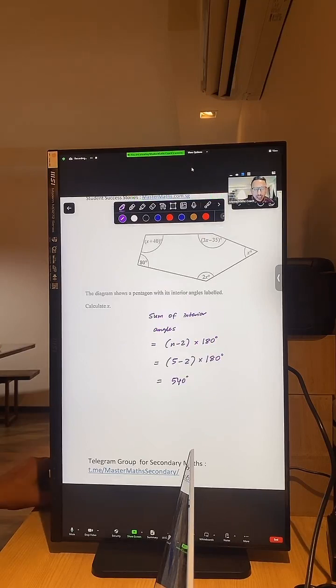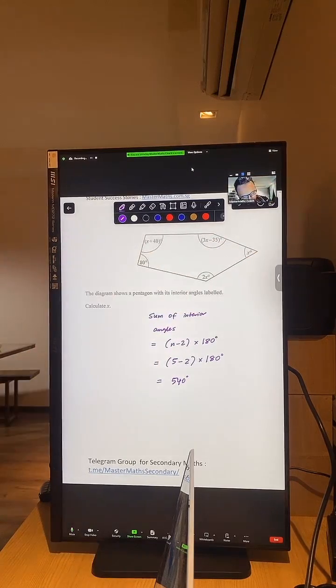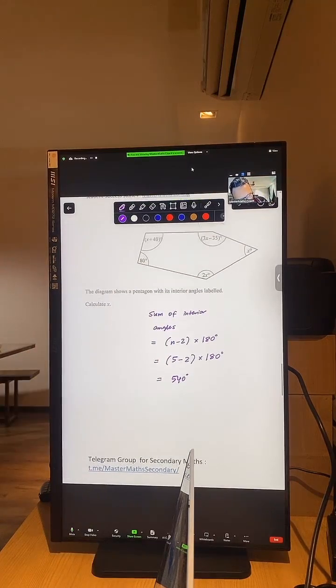Very simple. I just add up all the angles that you see here, and then you equate them to 540. So this will be x plus 40 plus 80 plus 2x plus x plus 3x minus 35 equals 540.